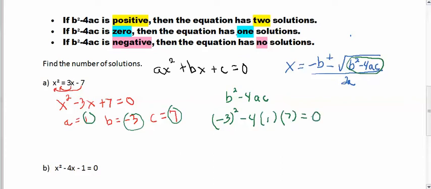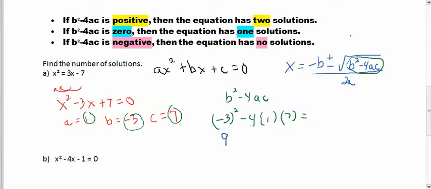We don't even need it to be equal to 0, we're just going to do the math. So now we're going to go -3 times -3, which is +9. -4 times 1 is -4. And then we multiply that by 7. So we have 9 and we end up with -28.